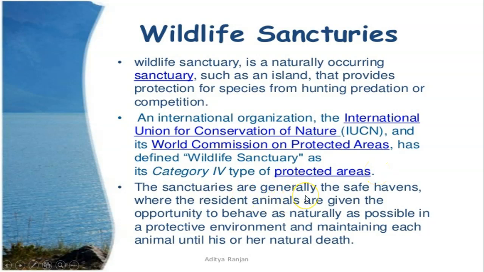Sanctuaries are generally safe havens where the resident animals are given the opportunity to behave as naturally as possible in a protective environment, maintaining each animal until his or her natural death.